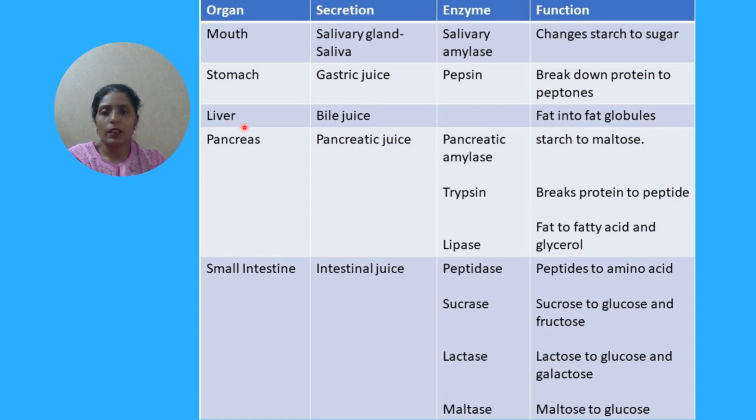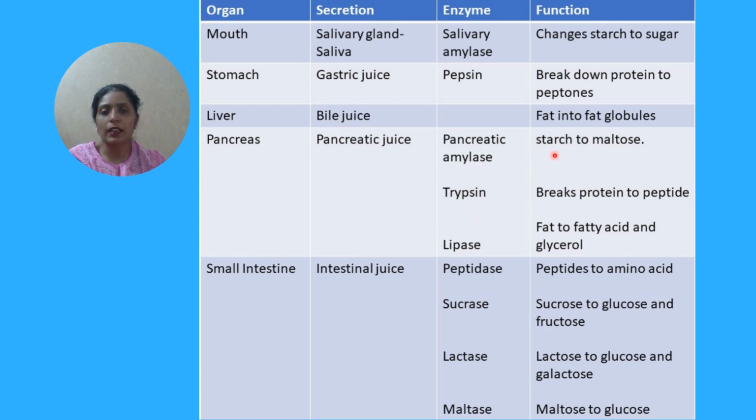Coming to liver, liver secretes bile juice which is temporarily stored in gallbladder. It converts fat into fat globules. This does not contain any enzyme and works in alkaline or basic medium. Coming to pancreas, pancreas secretes pancreatic juice that contains enzymes pancreatic amylase, trypsin and lipase.